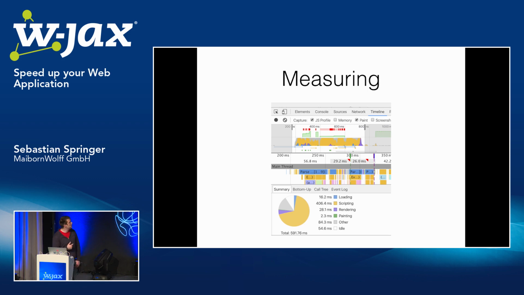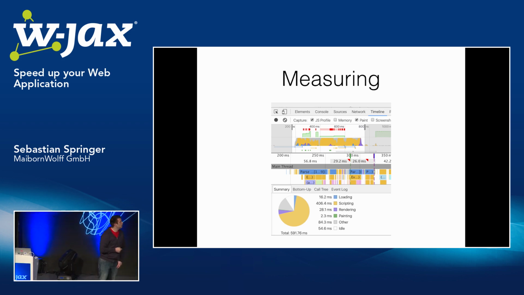And here you can clearly see where to optimize. So the problem is not the painting or the rendering, but the scripting part. And this is one of the most important things. Know where your problems are. So if you start optimizing the painting portion of the critical rendering path, it doesn't make any sense because you only have 2.3 milliseconds.